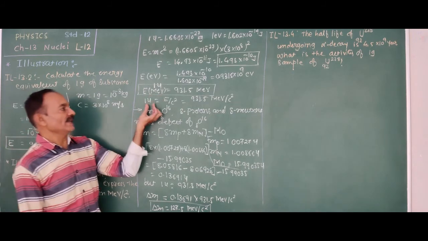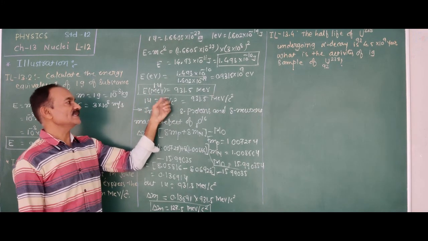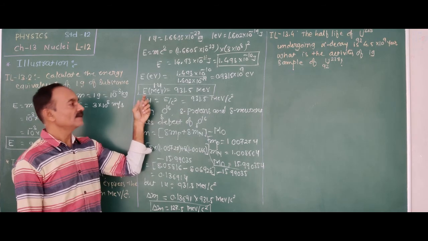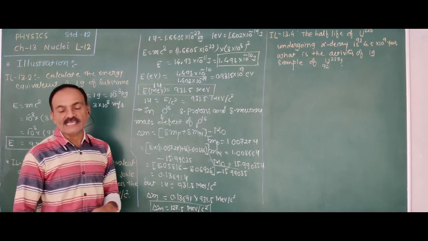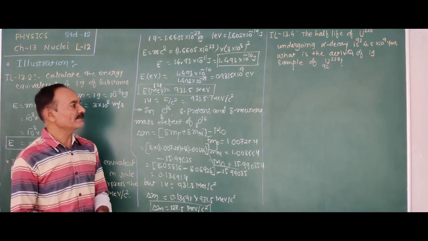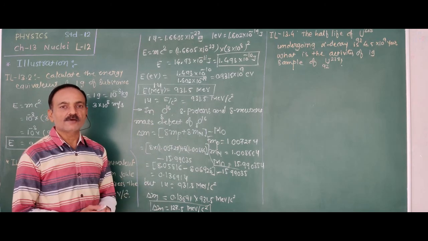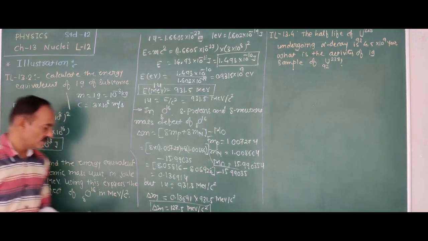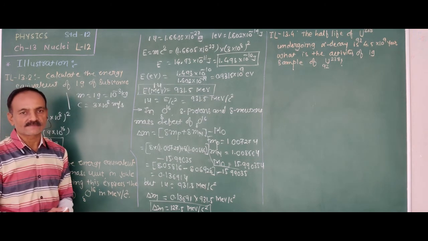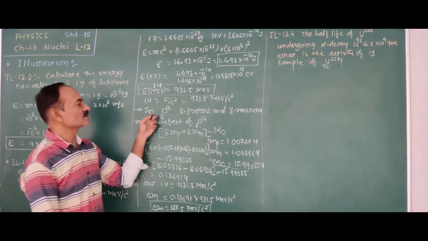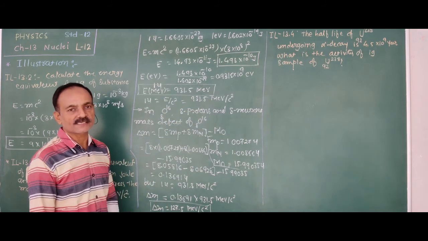Now, therefore, 1 atomic mass unit is equal to E upon c square, because E is equal to mc square. Therefore, 931.5 MeV per c square. Using this expression, we have to find out the mass defect of oxygen in MeV per c square. For that purpose, in the oxygen atom A16, 8 protons and 8 neutrons are present.